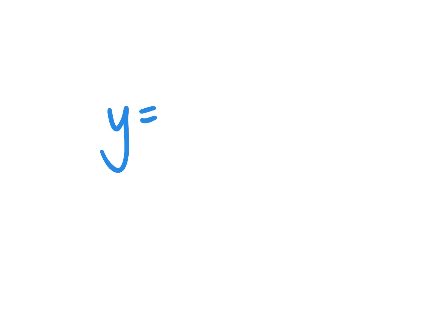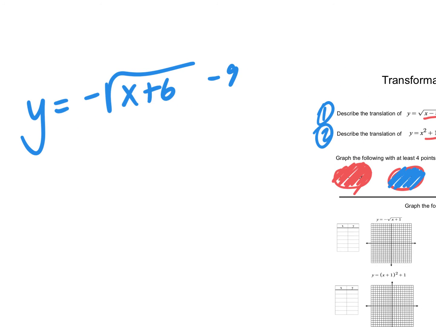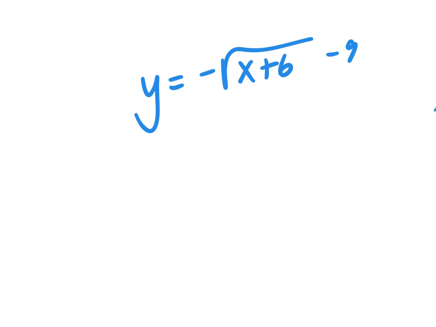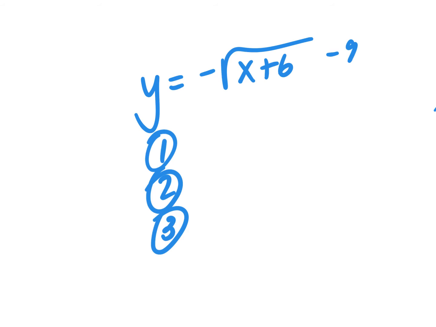What if I had negative square root of x plus 6 and then a minus 9 on the outside? I want everybody to think about what 3 things would happen to my square root graph. And what does the square root graph look like in the first place?